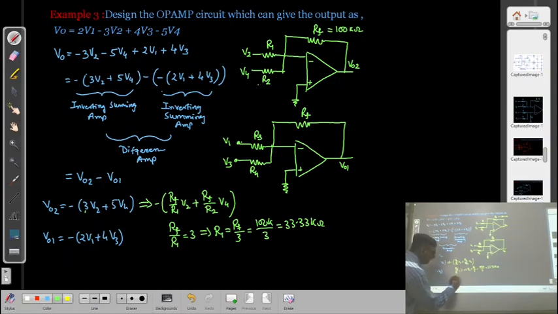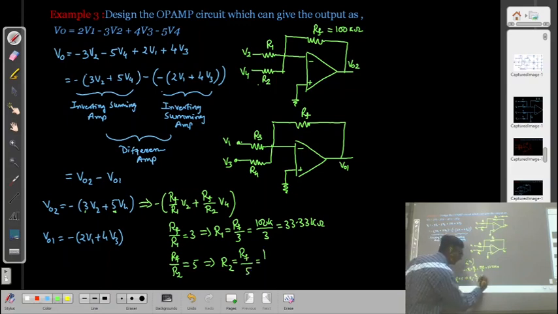Now RF by R2. RF by R2 is what? It is 5. So therefore, R2 will be equal to RF by 5. That is 100k divided by 5, so 20 kilo.